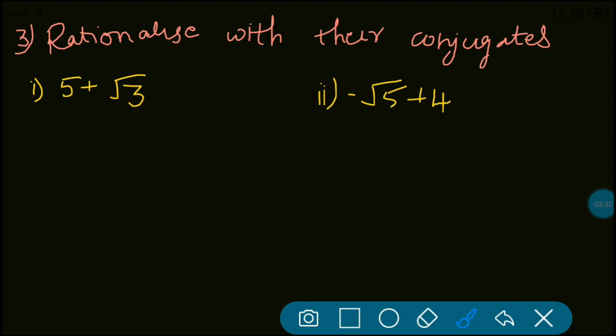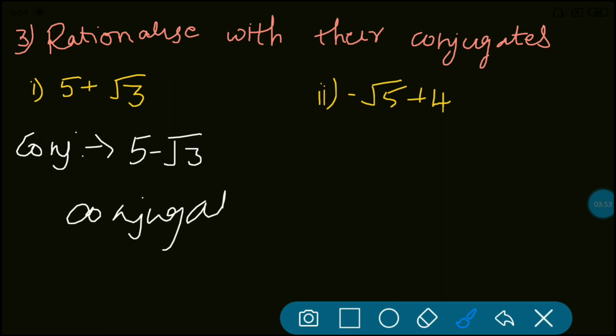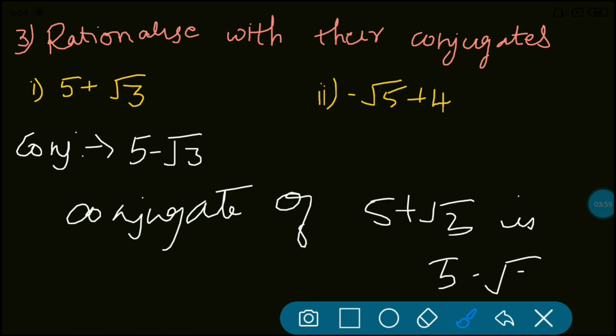What is the conjugate of 5 plus root 3? The conjugate is 5 minus root 3. You just don't write the conjugate alone; you will write the entire statement: the conjugate of 5 plus root 3 is 5 minus root 3.